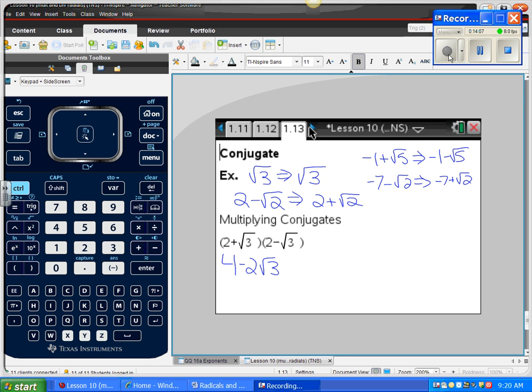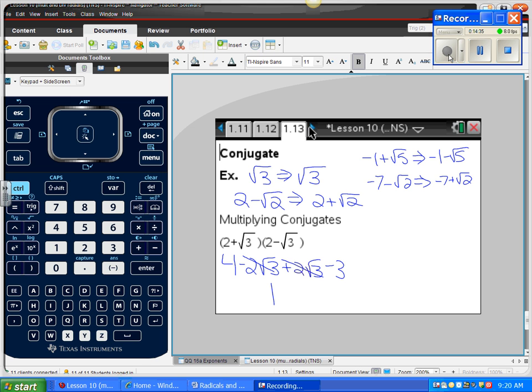Positive square root of 3 times 2. And positive radical 3 times a negative radical 3. Minus 3. Good. What happens in the middle? Yeah, negative 2 radical 3 and positive 2 radical 3 cancel out. Do I have any more radicals left? That's kind of the goal of the conjugate, to get rid of radicals, okay? 4 minus 3 is?